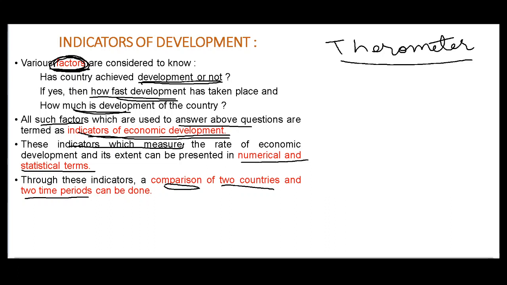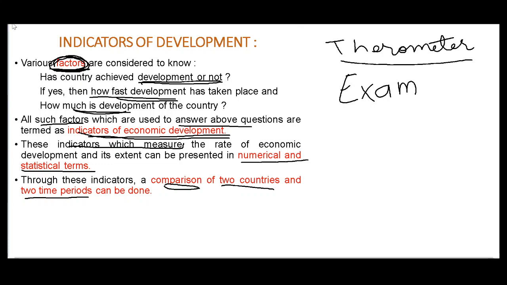To know whether you are growing, whether there is development in you or not. That exam can be termed as an indicator for the development of students during the academic year. I hope now indicator is clear.